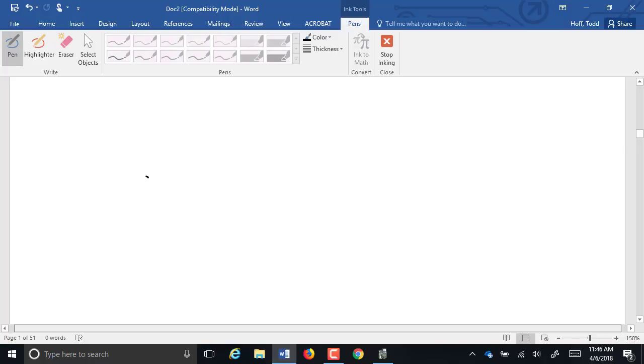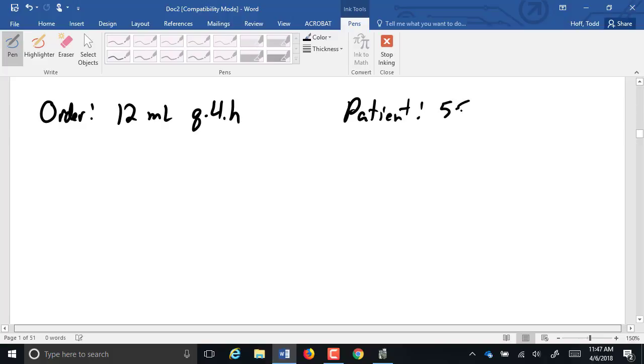I'm going to give you guys an example to work on. In your notes, I want you to try this one. The doctor orders 12 milliliters every 4 hours, Q4H, for a patient that is 55 pounds.